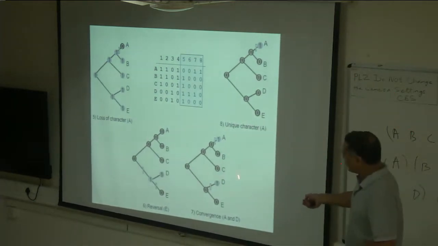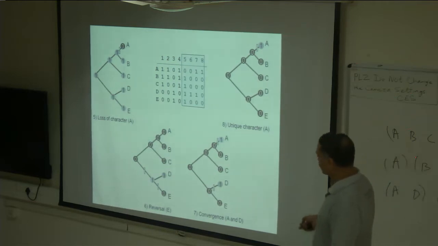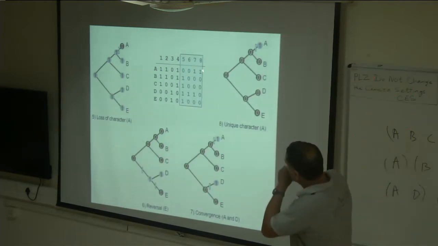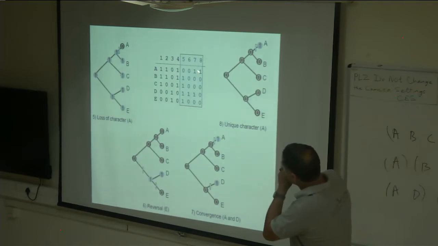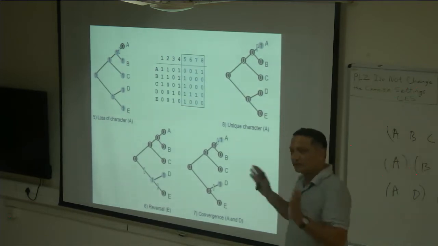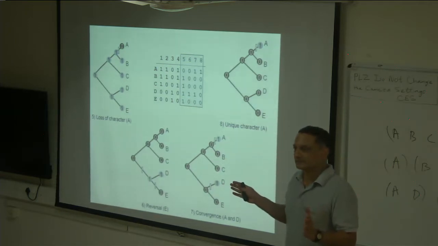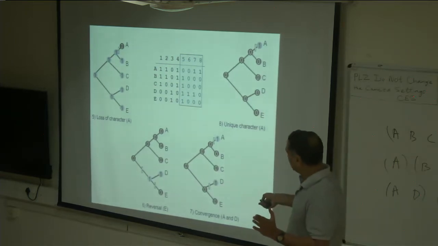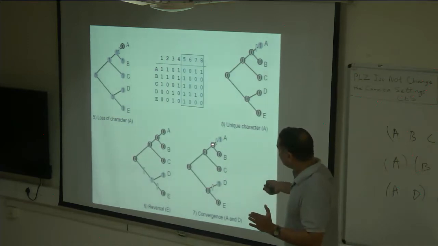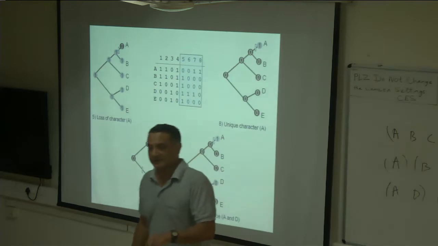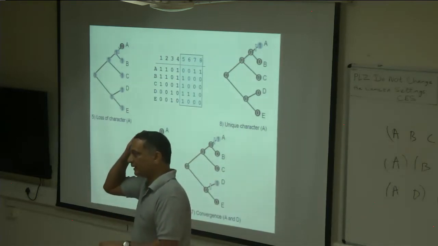Okay, and the last example here is convergence. D and A share a character, but they are not related to each other, right? So this is independent acquisition of the same character in unrelated species, and we call it convergence.